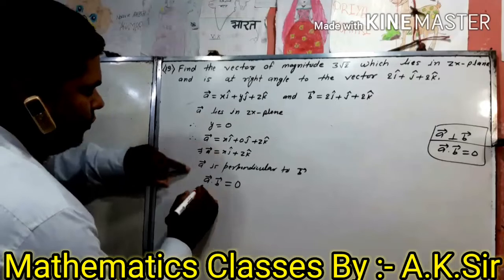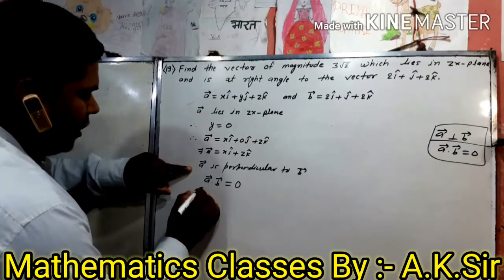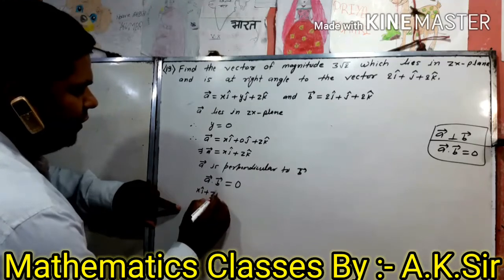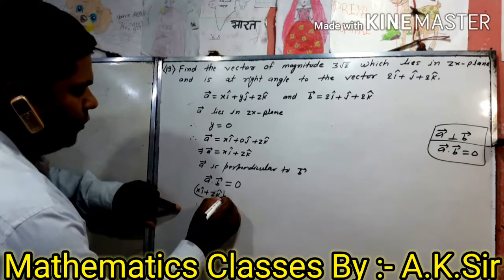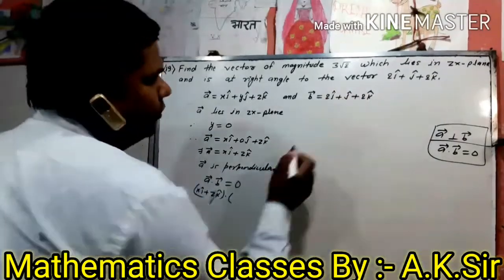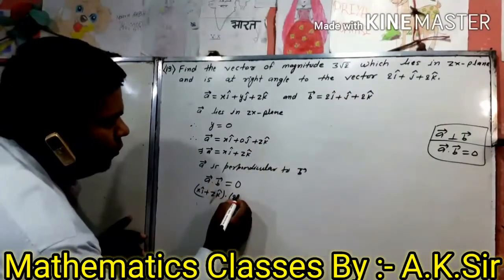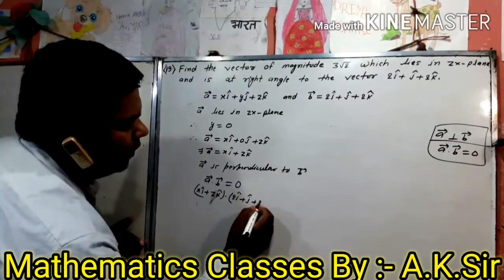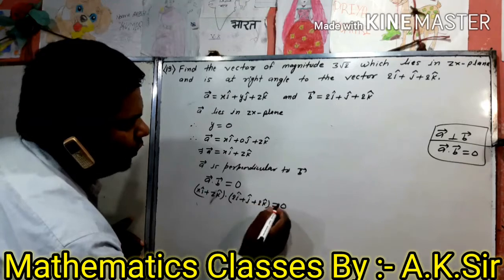A vector is equal to xi cap plus zk cap, dot b vector, which is 2i cap plus j cap plus 2k cap, is equal to 0.